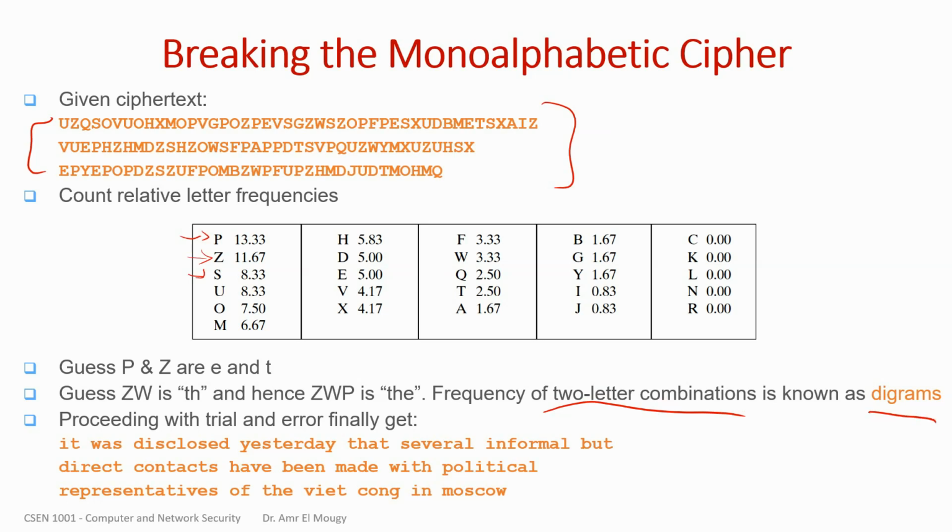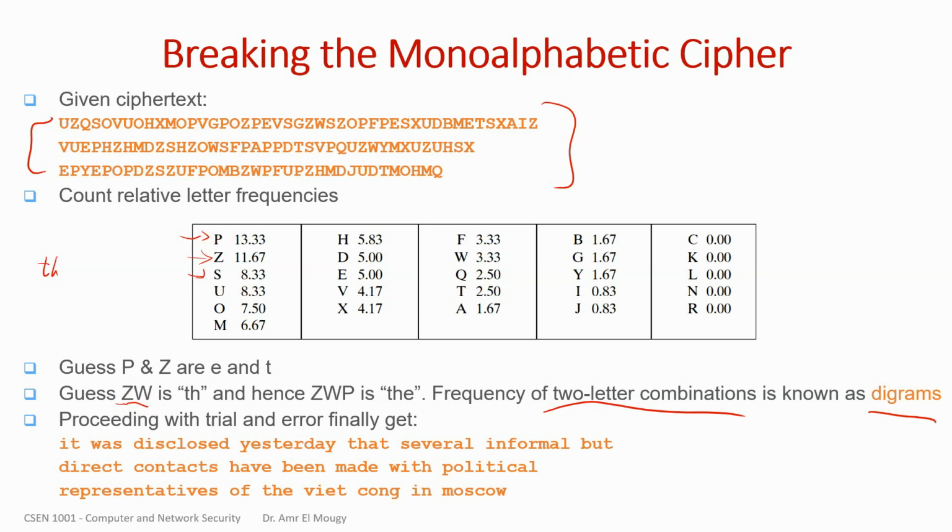For example, the most commonly occurring pair of letters in the English language is TH. This is the most commonly occurring digram. So if you look at the ciphertext and look for the most commonly occurring digrams, you will find that ZW is the one that occurs the most. And so you can guess that ZW corresponds to TH.